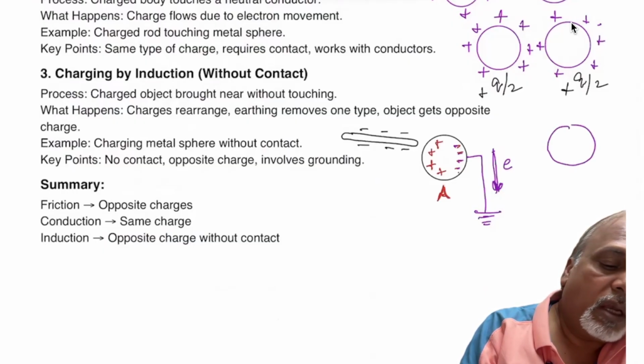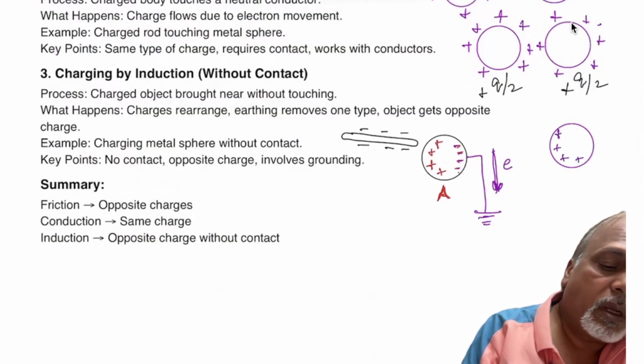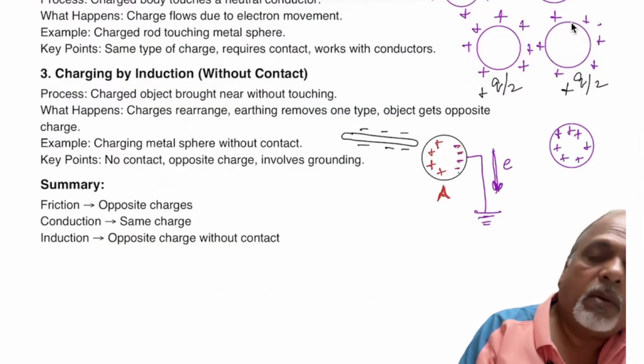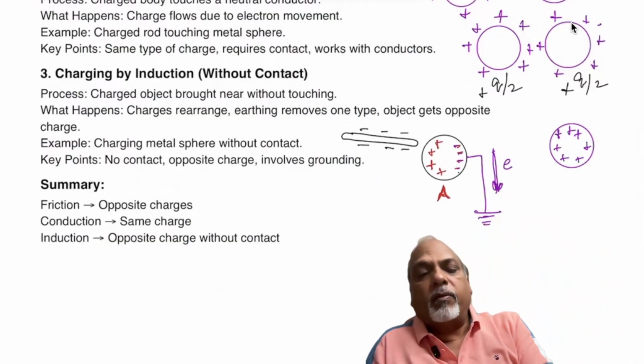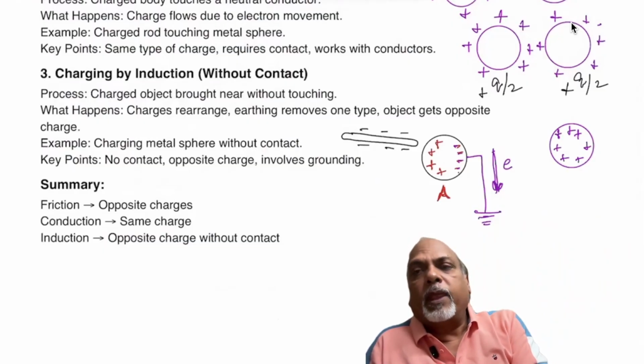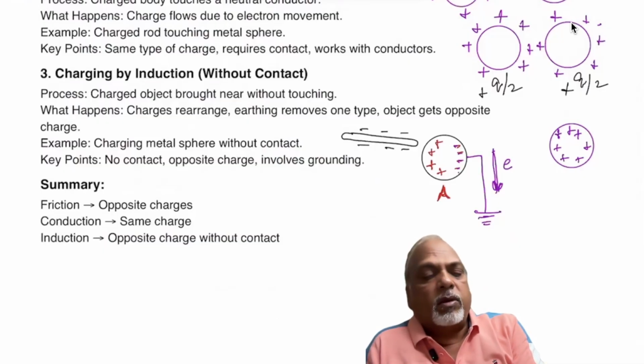And once you remove the rod, due to the deficiency of electrons, because electrons have been transferred to the earth, positive charge will be all over the body, and this is how you can obtain a body with positive charge. So this is due to induction. You have not touched your rod to the body, yet the uncharged body has been charged.